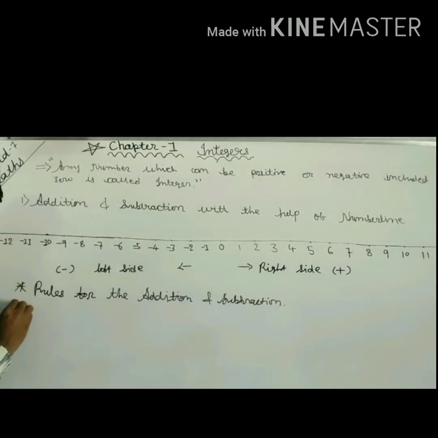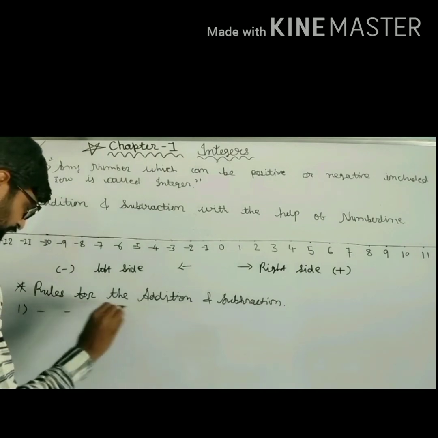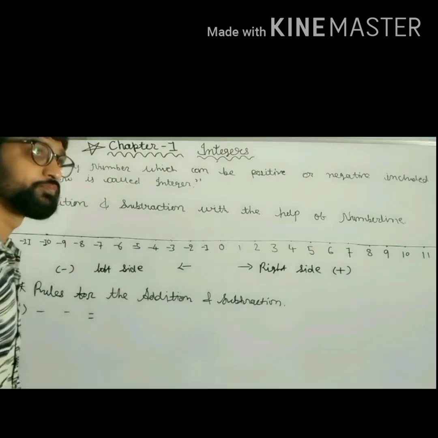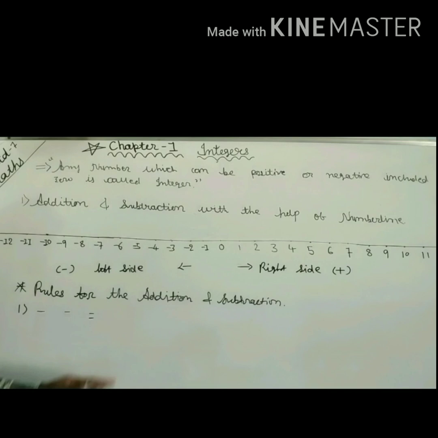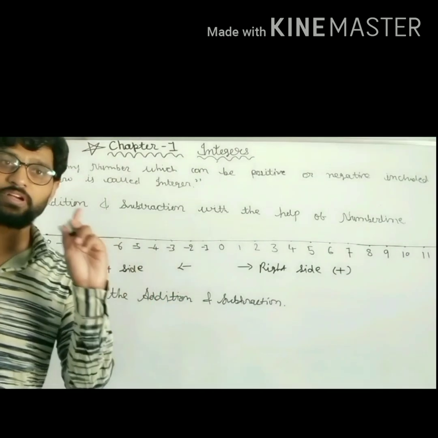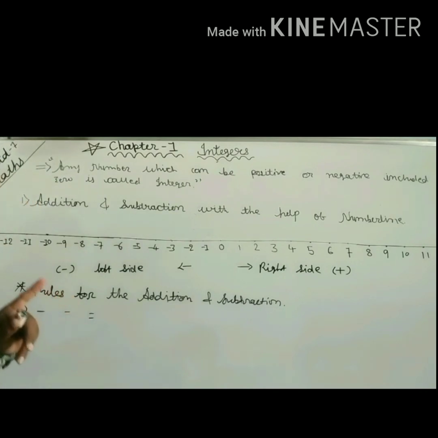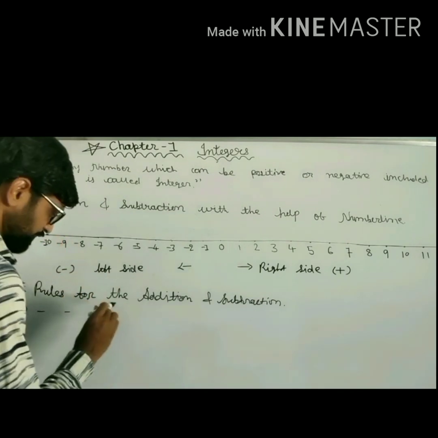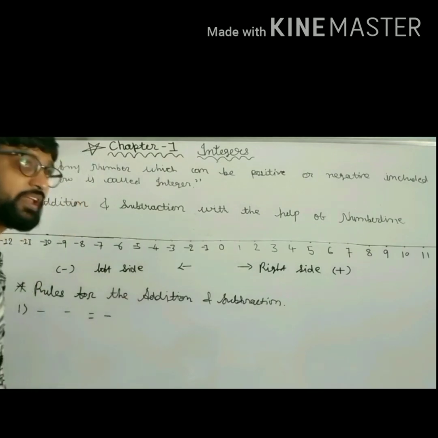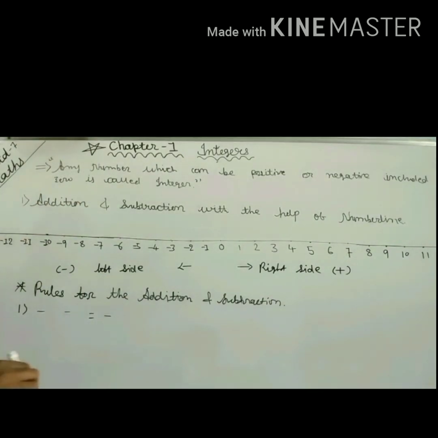First one is, suppose we have both negative signs, then what will you do? So here we have to take care of two things. First one is the sign and second one is what we have to do, means add or subtract the number. So if we have both negative integers, then we have to put a negative sign.